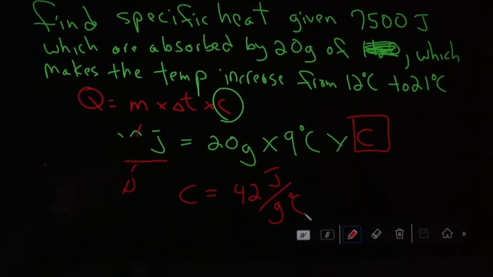With a specific heat of 42, that means it really heats up slowly and really cools down slowly. So what we found could possibly be space shuttle tiles, because they absorb heat so slowly and they release it so slowly. Now, that was a tough problem, but we're going to do some that are a little bit tougher.